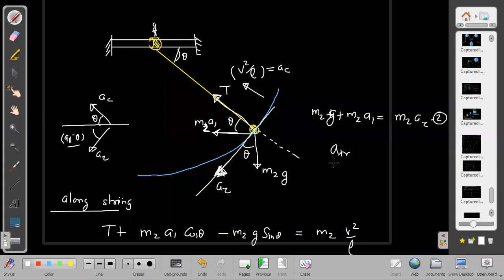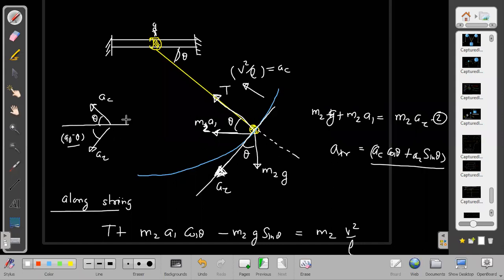AX relative will be equal to AC centripetal into cos theta plus tangential into sin theta. Right?